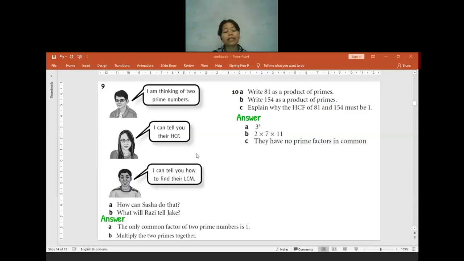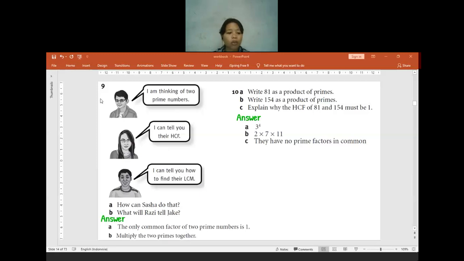To find the LCM, we have to multiply all the types of number. Because they are prime, the type of number is the number given itself. So to find the LCM, we just need to multiply those two prime numbers.